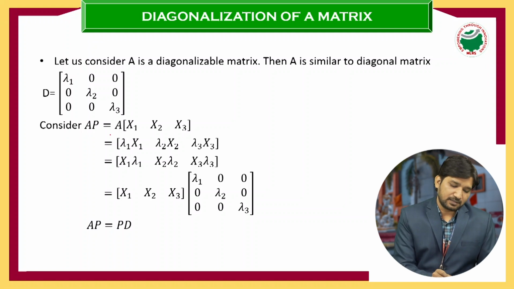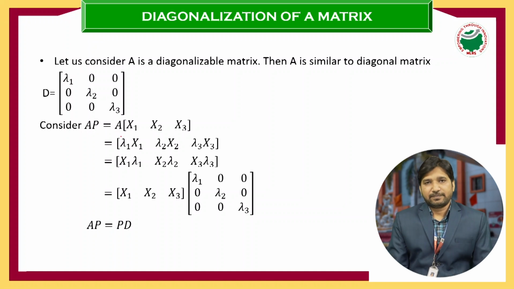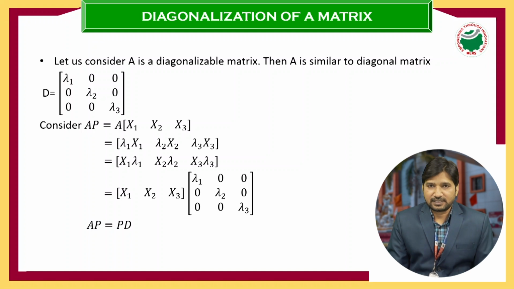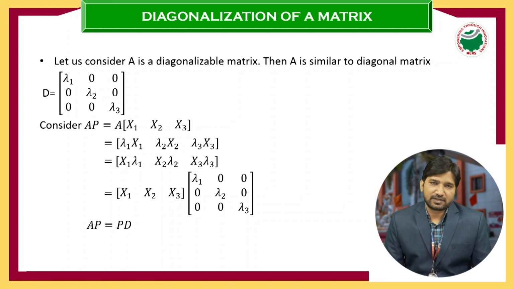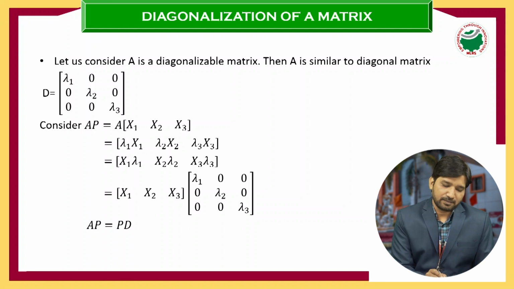Now let us consider AP equal to A into X1, X2, X3. A is the given matrix and P is the model matrix, whose columns are the corresponding eigenvectors, P equal to X1, X2, X3.